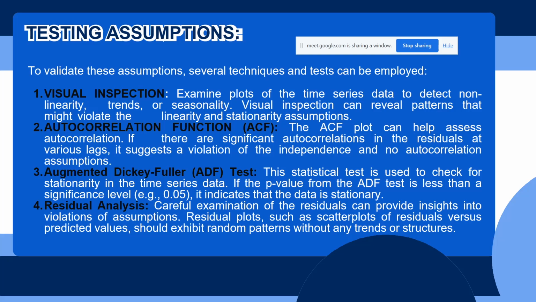Its purpose is to check for stationarity in time series data. A low p-value, for example less than 0.05, suggests that the data is stationary, supporting the stationarity assumption.